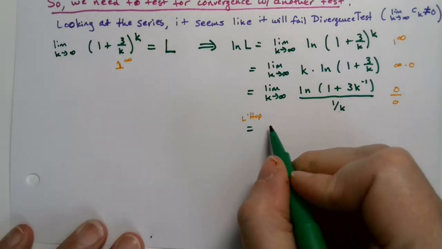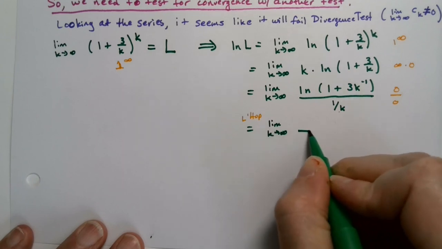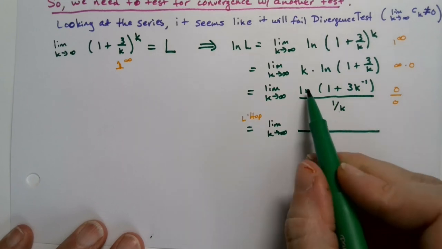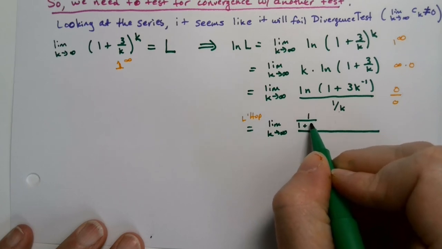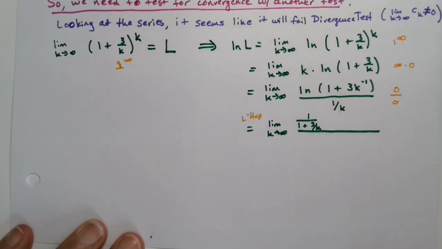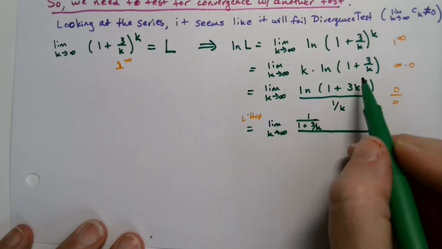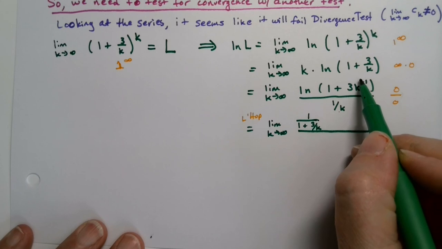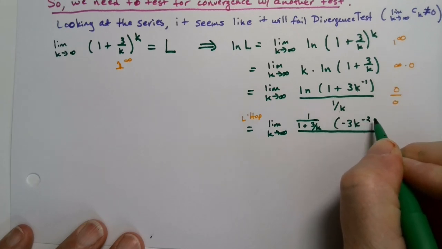And that would mean the limit as k goes to infinity of, okay, the natural log of this, the derivative of that is 1 over 1 plus 3 over k, or 3k to the negative 1, whichever way you want to write it, times the derivative of the inside part. But the derivative of the inside part is negative 3k to the negative 2, right? Chain rule.